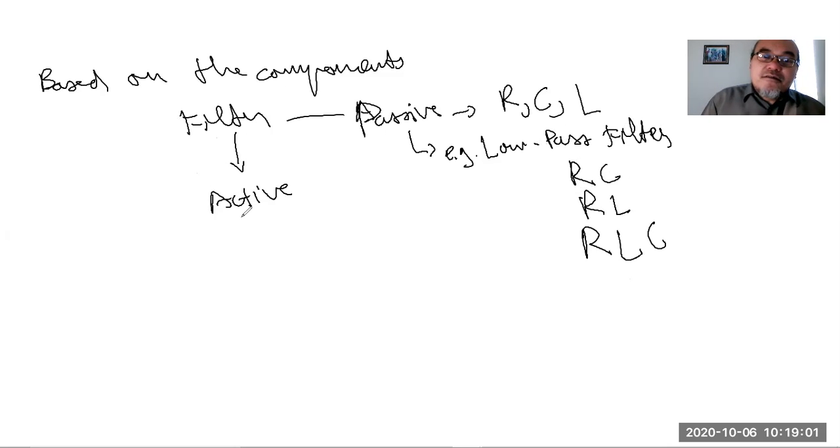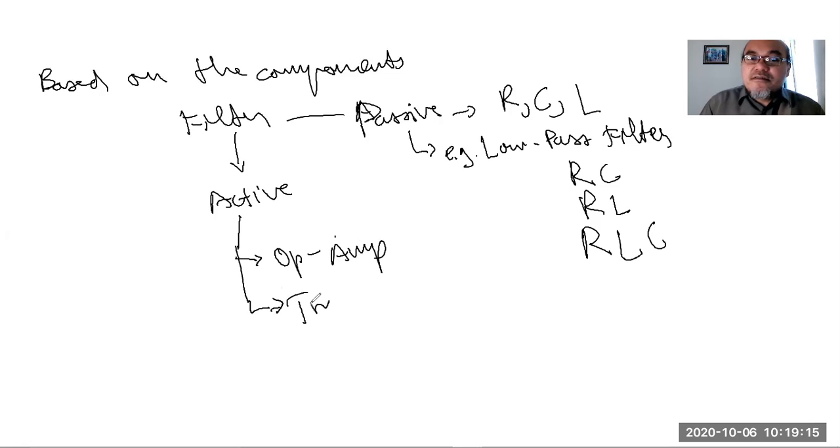Active filter you already know, maybe some of you last week already did some example on it, using the most famous component, the operational amplifier, but it can also be implemented using a transistor.